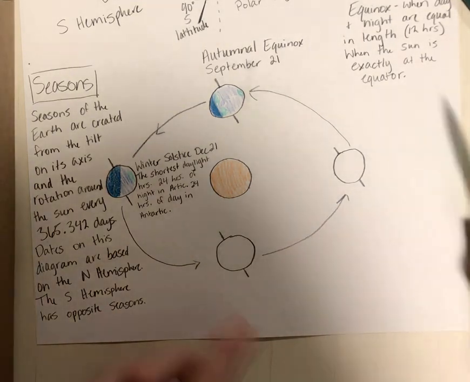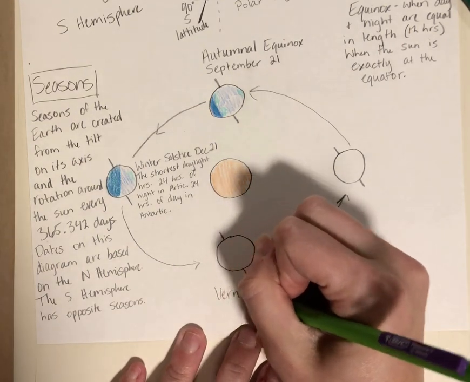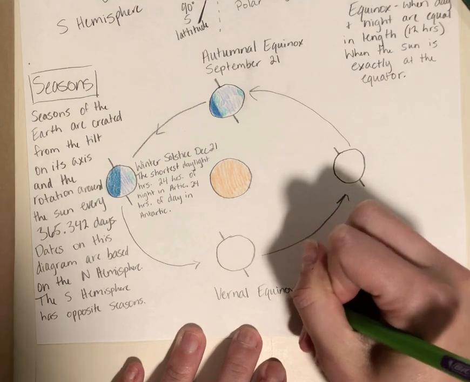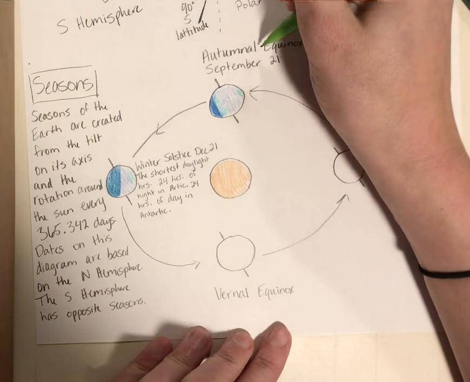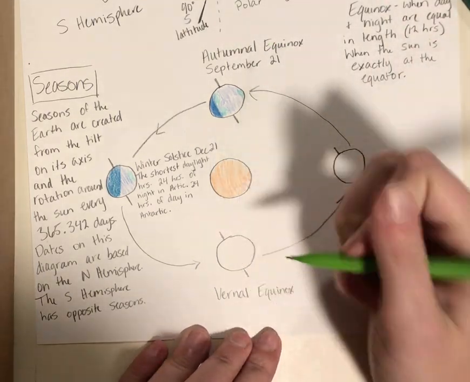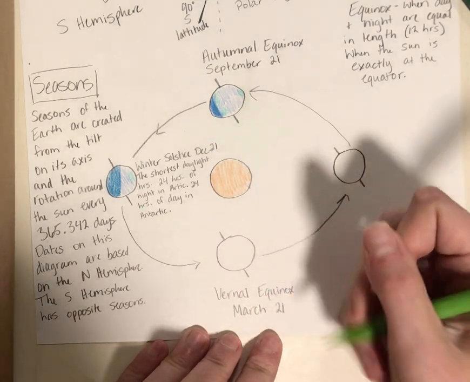Okay? And then moving down here is going to be our vernal equinox. And obviously, if this up here was the autumn, this would be considered the spring, but they call it vernal. But this is March 21st.